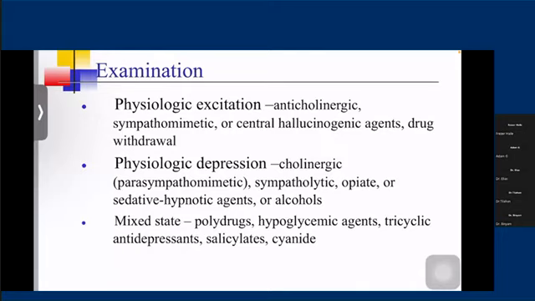In a patient with this condition, you need to consider differentials like anticholinergic and those I mentioned. Some patients can also present in a depressed state, with low respiratory rate, low blood pressure, and low mental status. These are due to cholinergic, sympatholytic, opioid, and sedative hypnotic agents, and alcohols. And there are also agents that can cause mixed states.